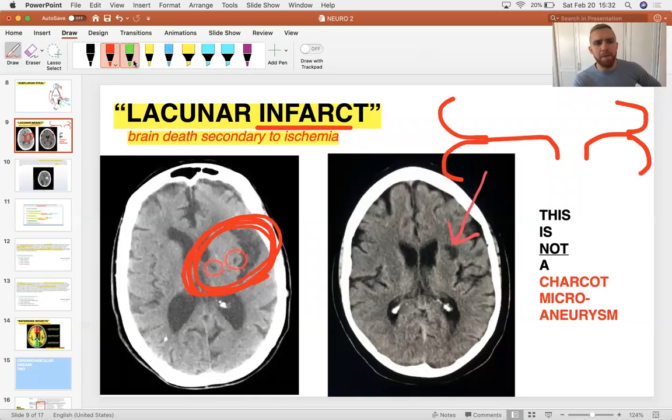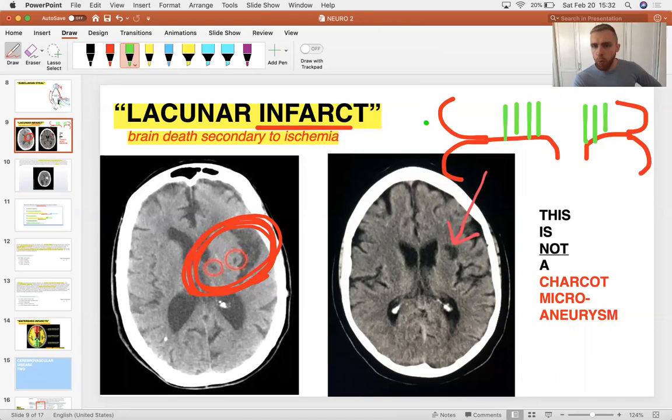But before they bifurcate, let's illustrate in green here how you have these perforating lenticulostriate arteries that are real thin, that pop up off of that M2 segment of the MCA to irrigate the basal ganglia, which includes the thalamus, the putamen, and the caudate nucleus.